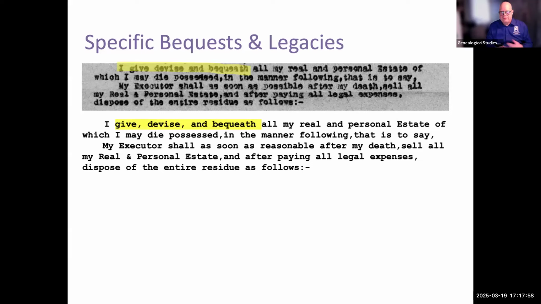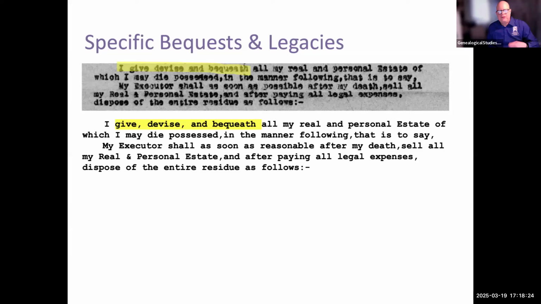You've probably noticed if you've read some legal documents already that lawyers like to repeat verbs. I give and bequeath. I give and devise. I will and bequeath. Why do they do that? Well, historically, each of these verbs, give, devise, bequeath, referred to giving a specific kind of property.